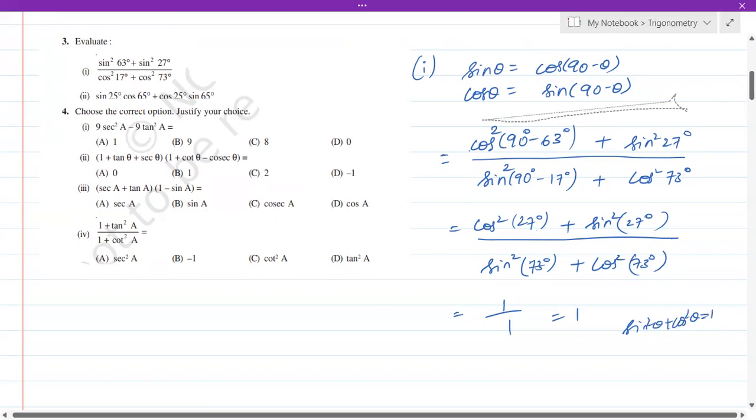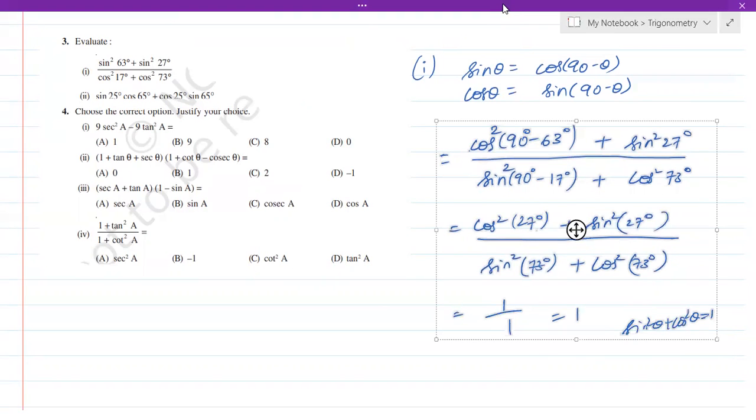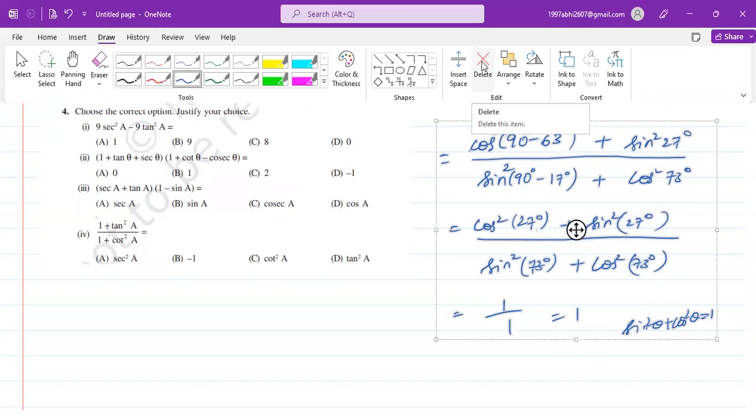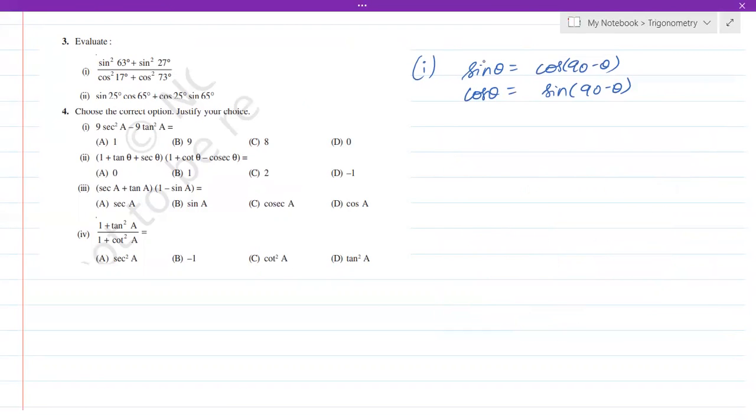Even in the next problem, we're going to use the same logic. There are two terms. The second question: sine 25 degrees cos 65 degrees plus cos 25 degrees sine 65 degrees.